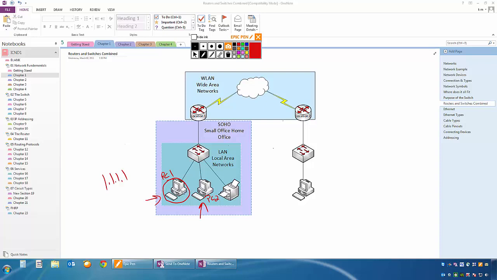And the PC is going to look at it and say, well, wait a minute. 1.1.1.1 is not on my network. So where will PC1 send it? The only place where it can send traffic between networks: they'll send it right to the router. The router will get that information and say, oh, you're trying to get to 1.1.1.1.